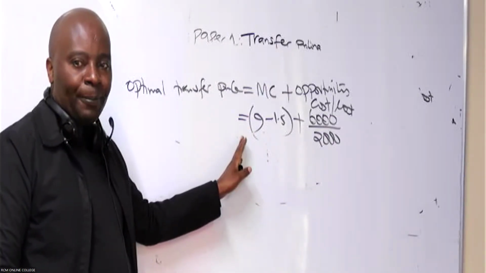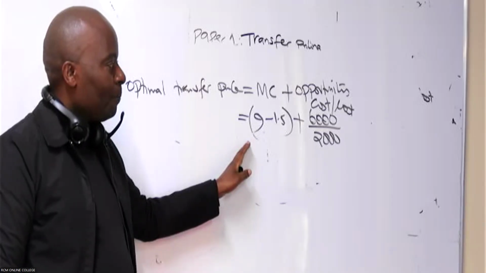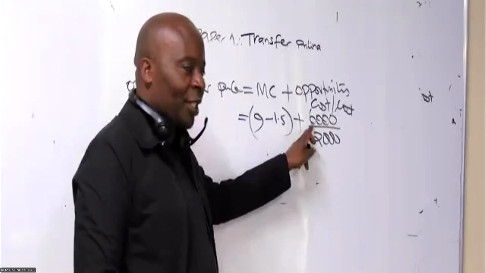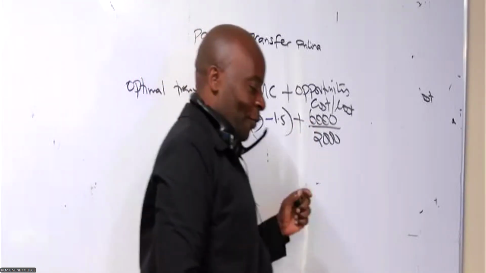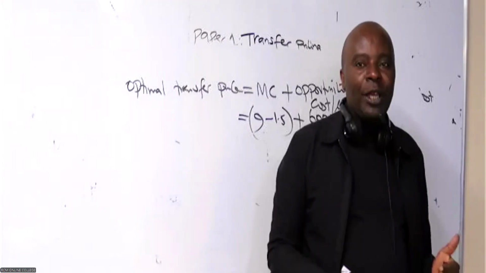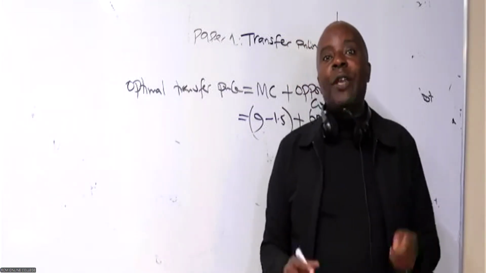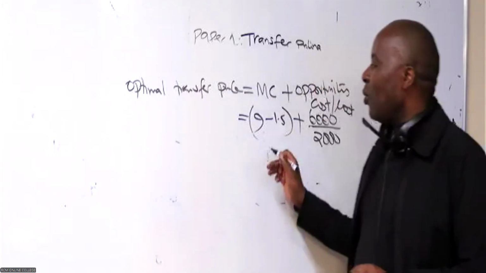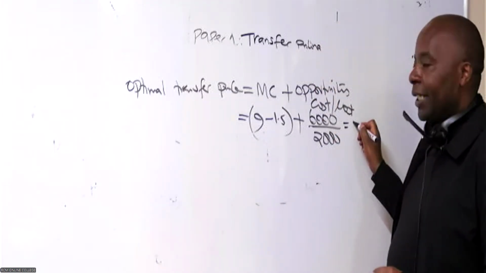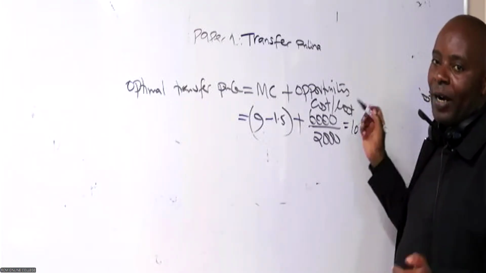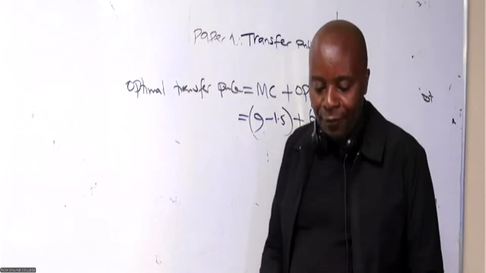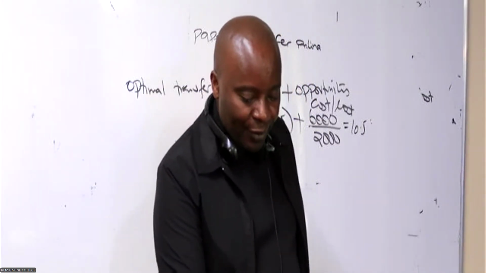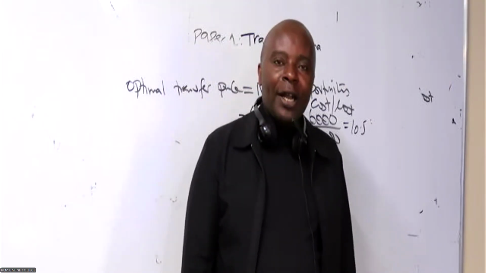So if my sister department wants me to sell these units to them, I'm going to lose this opportunity, so they must be willing to compensate me. That ends up giving me 10.5. They must be willing to give me that 10.5.